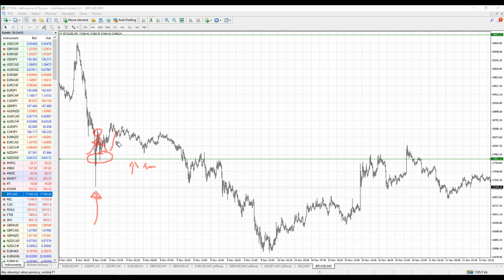On the 5-minute chart, it's very useful, right? Because you know what you want to see on the smaller time frame to check the chart and go for a long or short trade.